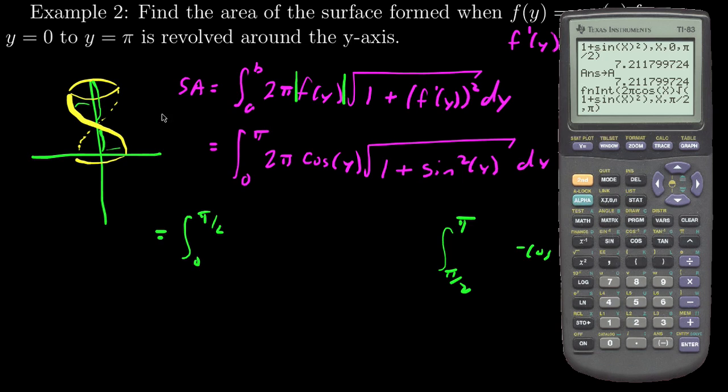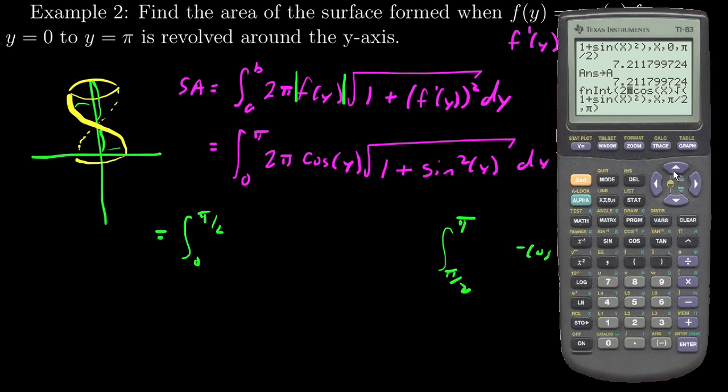And to take care of this, to make the radius positive, I'm going to put in a negative cosine. So second, insert negative cosine. And lo and behold, we get the same thing. I'll store that as b.